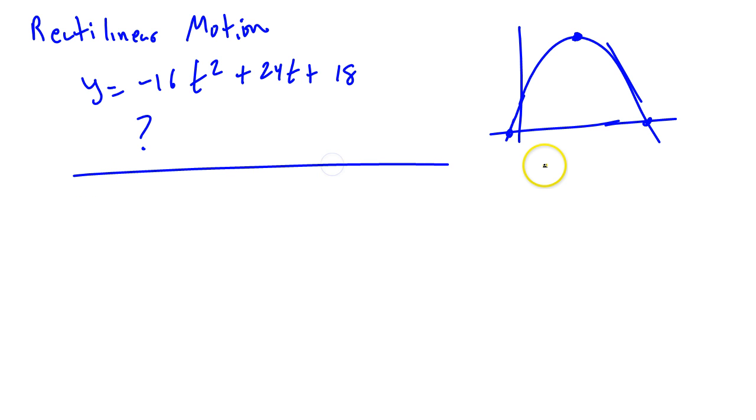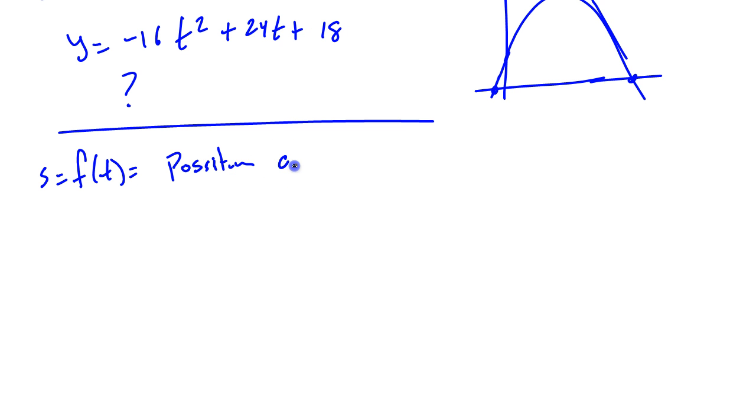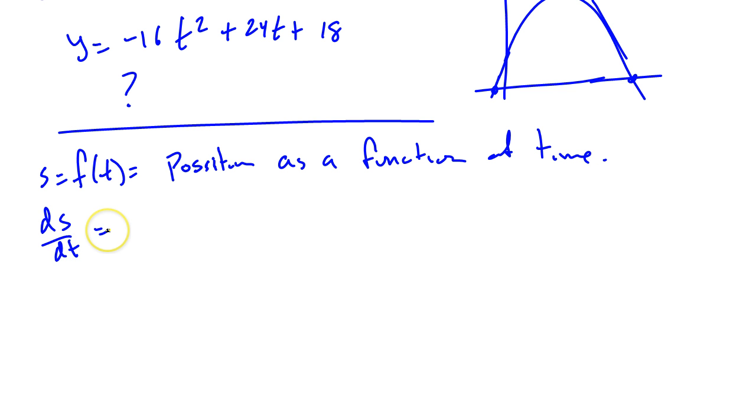In calculus 1, we talk about if you've got some function, let's call it s, some f of t equals some position function, position as a function of time. Then the derivative is how fast your position is changing.